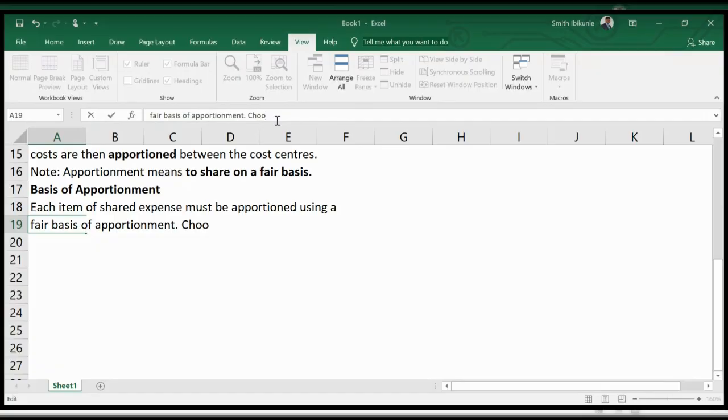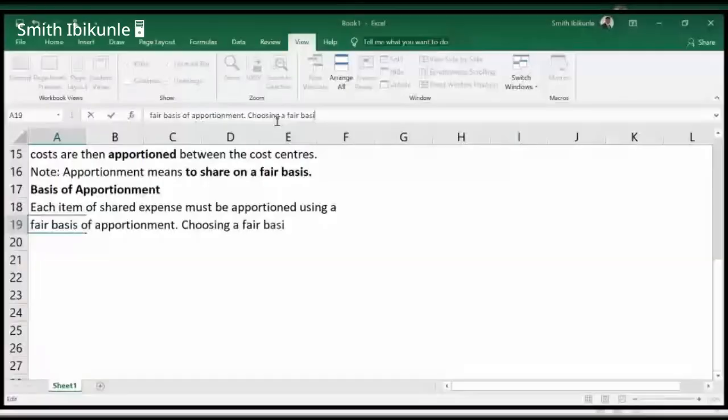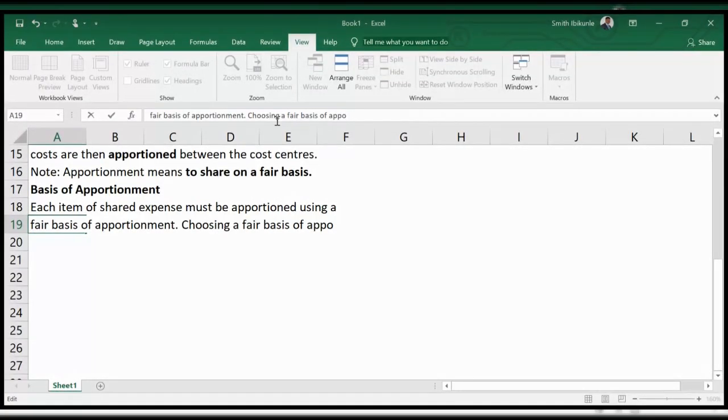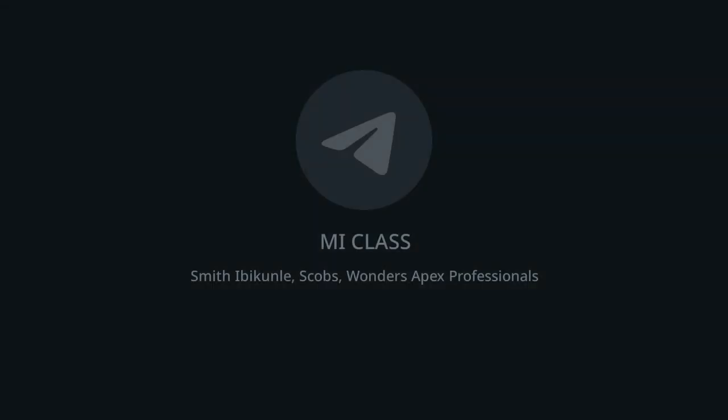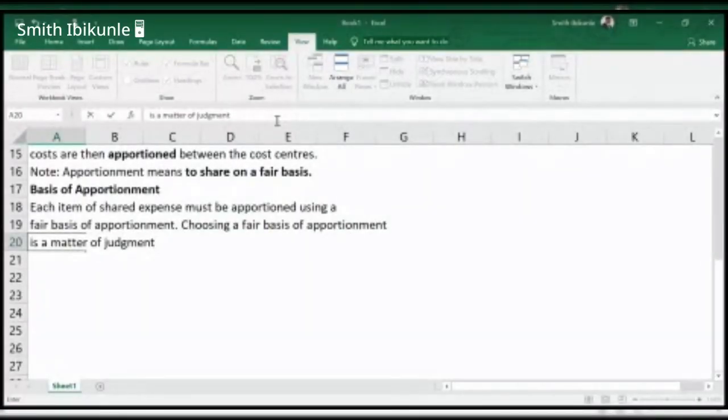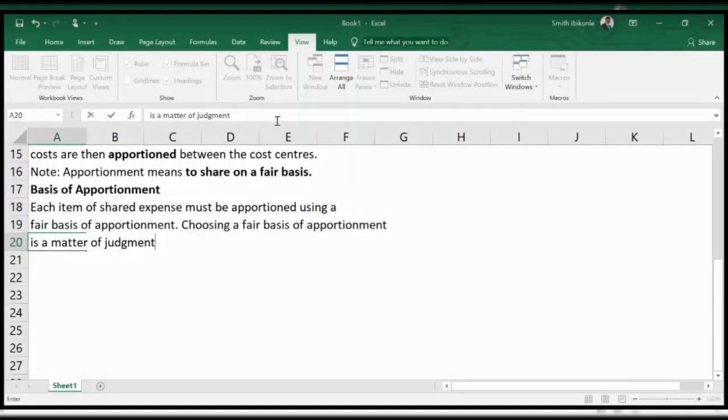Choosing a fair basis of apportionment is a matter of judgment. That means you are the one that will choose by yourself, right? So it's a matter of judgment and preference.